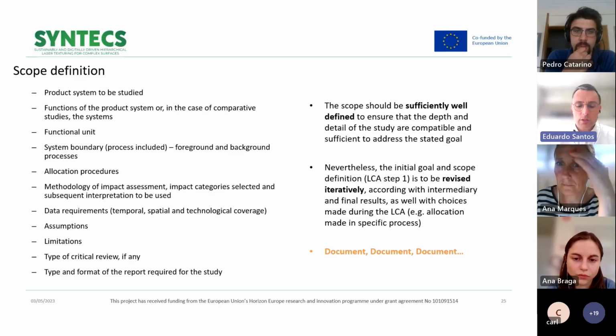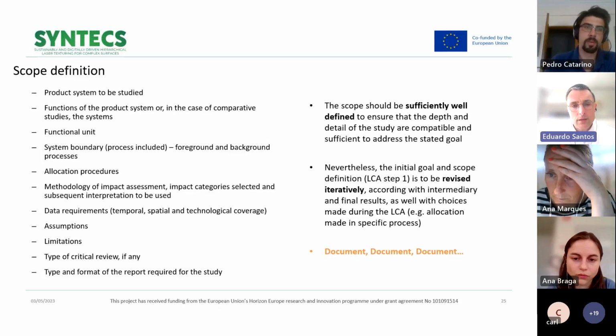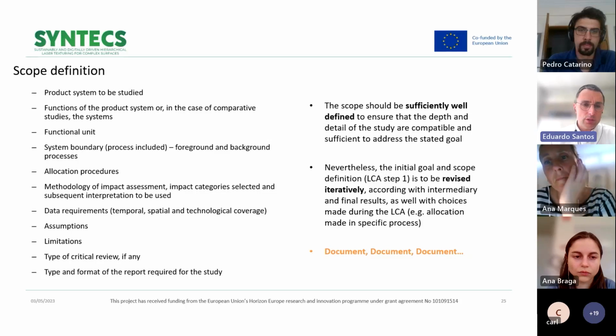So for instance, when we are using energy for a product system, the foreground process will be the type of energy that we will be using. But of course, there is a background process that is producing that type of energy, generating and also distributing that energy. So despite not being directly connected to the product system, it will influence the result and the outcome of the environmental impact of that system.